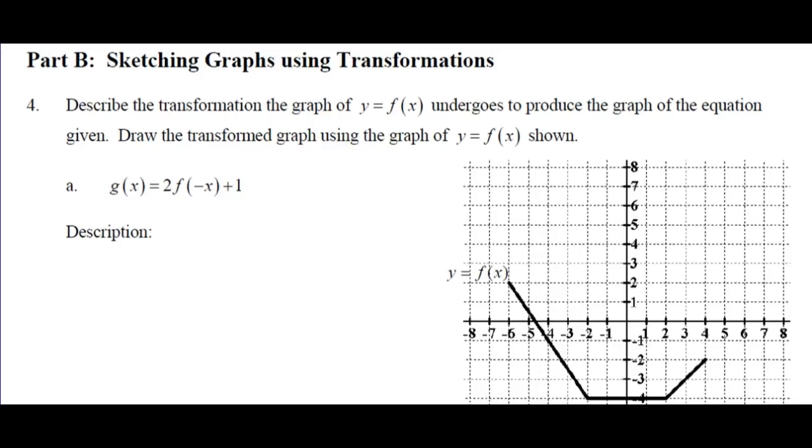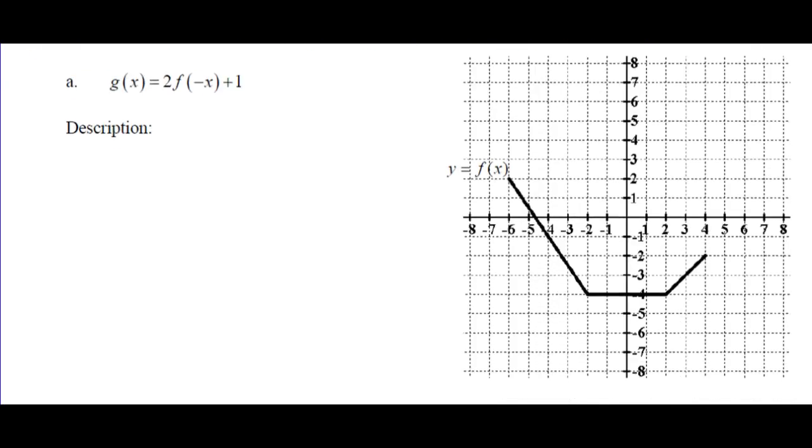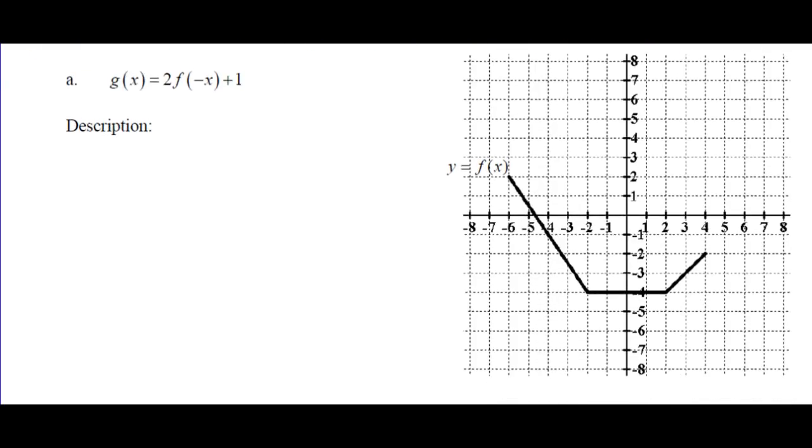All right. So on here, we'll be drawing 3 graphs, right? Okay. g of x is equal to 2 bracket f of negative x minus 1. So we may want to start by translating that to g of x plus 1 is equal to 2f of negative x.